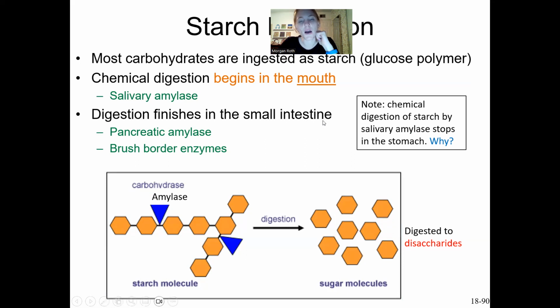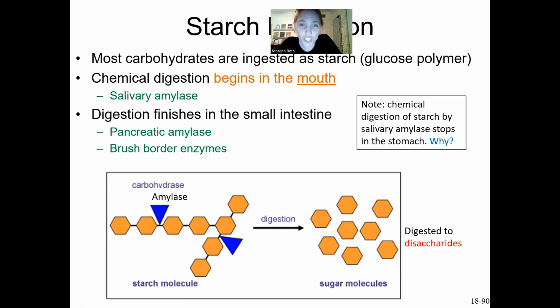Okay, so let's talk about why we skipped over the stomach. You notice that we start in the mouth. That's by salivary amylase. Why does it stop once we get to the stomach? Please remember that these enzymes, most of these are proteins. This one is definitely a protein. And what happens to proteins when you put them in pHs that are well outside their normal range?